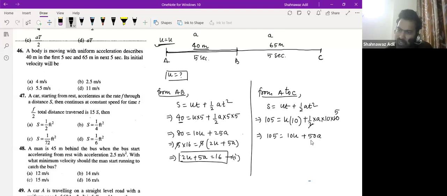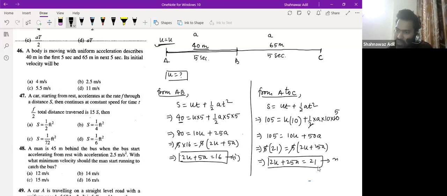Again, I can take 5 common, so this would be 2, and then this is 1, and this is 2u plus 25a. So this one and this one cancel. So what is the equation that I have? 2u plus 25a equals 21. So this is the second equation, and now we have linear equations in 2 variables. So we'll just solve these two.